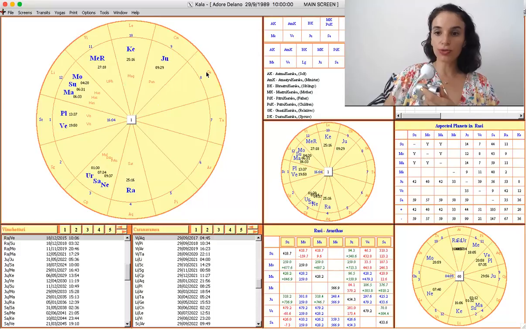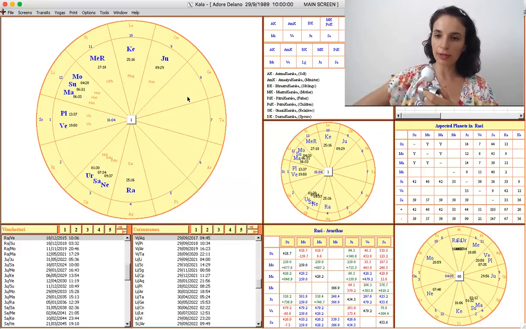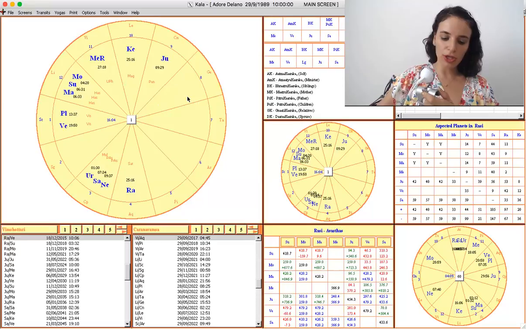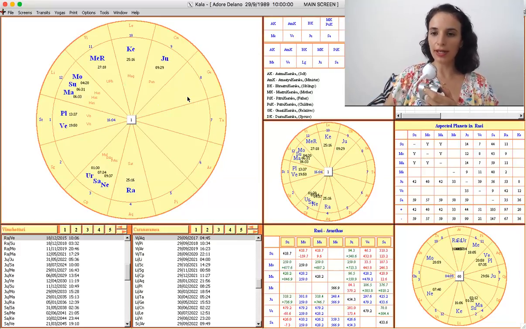Okay, let's move on to the 8th house. The 8th house is called the flaw bhava. It's associated with our vulnerabilities, our psychological issues, our fears, our addictive, compulsive tendencies, but it's also our partner's resources or the public money.